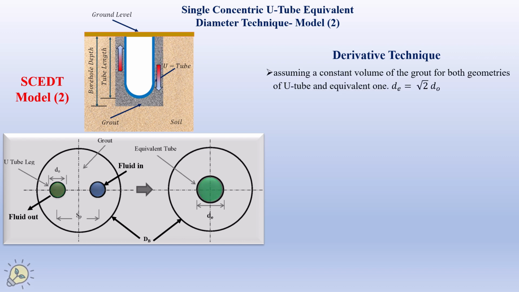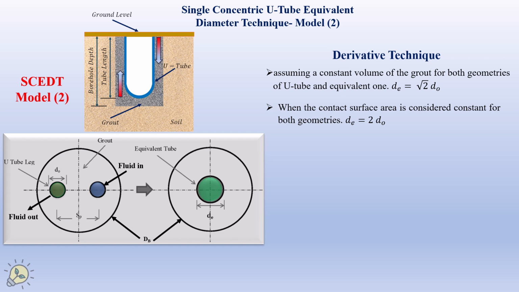The first step is to assume that the volume of the grouting material is constant, then that will yield the equivalent diameter equal to square root of 2 times D naught.